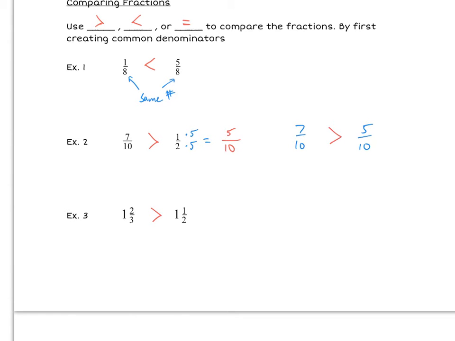What's a common denominator between 2 and 3? 6. So we would make this 1 and then times 2, times 2 would be 4/6. And this one we'd go times 3 and times 3. We'd have 1 and 3/6. So now we know that yes, we were right. 1 and 4/6 is more than 1 and 3/6.